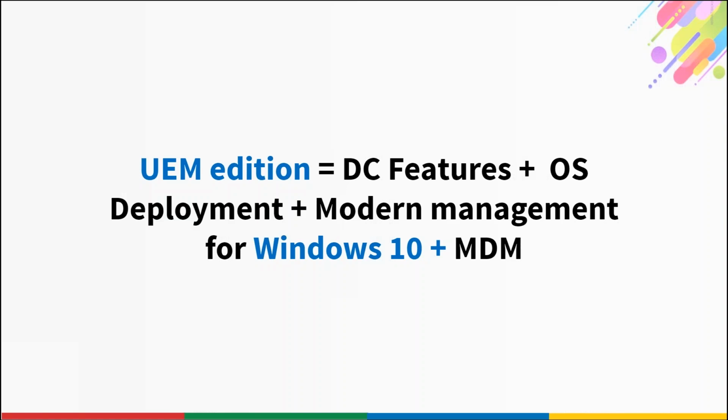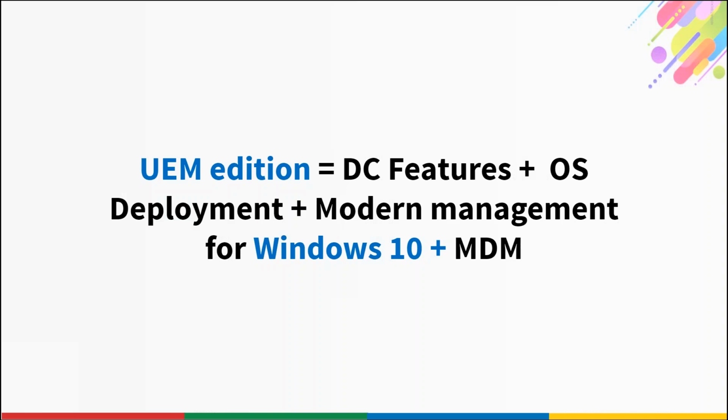There are 6 to 7 configurations available from the modern management. To name a few: location tracking of Windows 10 laptops and computers, a complete wipe, corporate wipe, applying restrictions, and distributing apps. These are the functionalities included in the modern management.